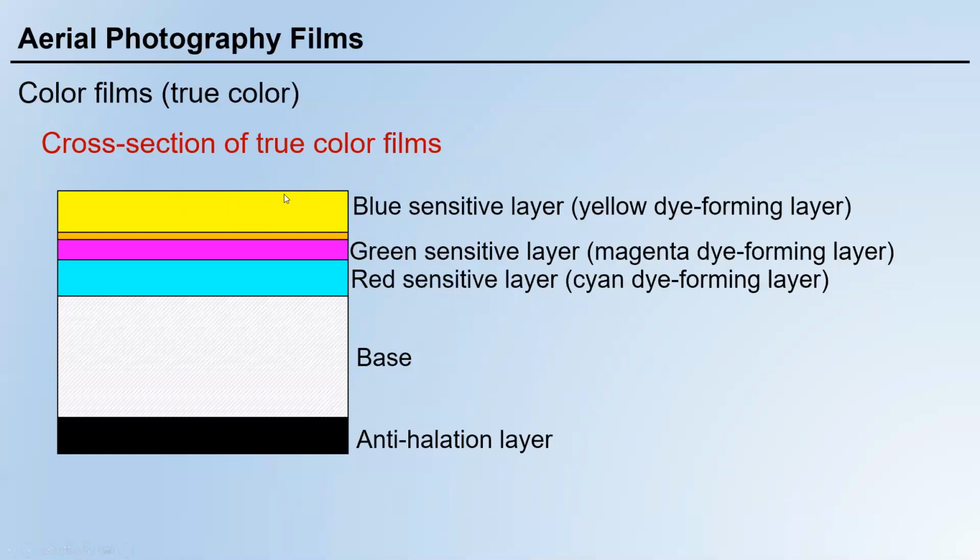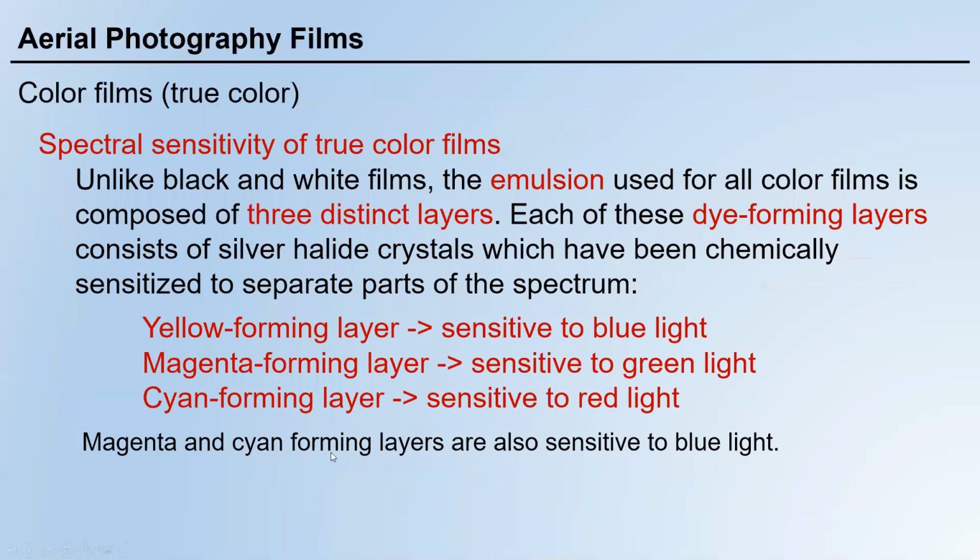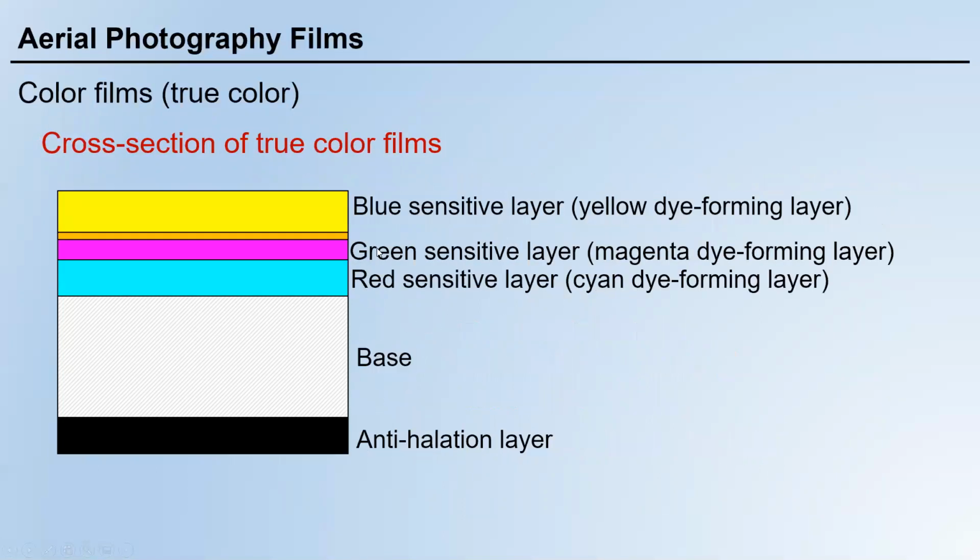Okay, and after that, since we have recorded the information for blue light, and like I mentioned before, magenta and cyan forming layers are also sensitive to blue light, okay? So blue light has been recorded, but it will affect the next two layers, the green and red sensitive layers. We don't want blue light anymore after the top layer.